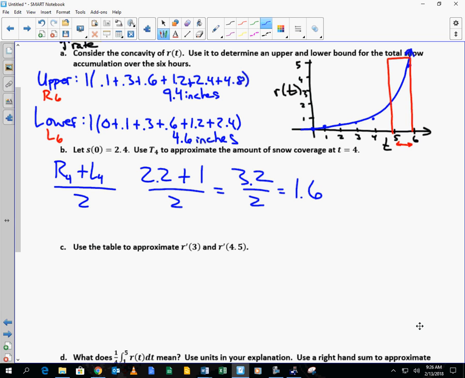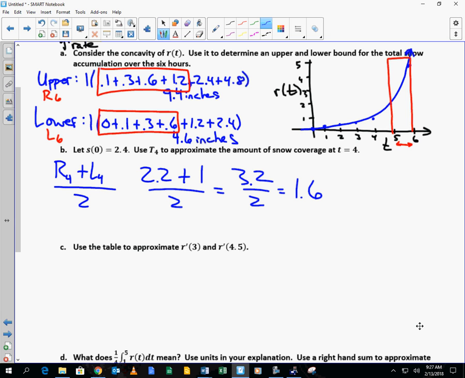So what I did is, in order to get 2.2, I did the right hand of the first 4. In order to do the left hand, I did the left hand of the first 4. If I add those up, I get 2.2. If I add this up, I get 1. I divide by 2, I get 1.6. Now, again, that's a mistake that you make.